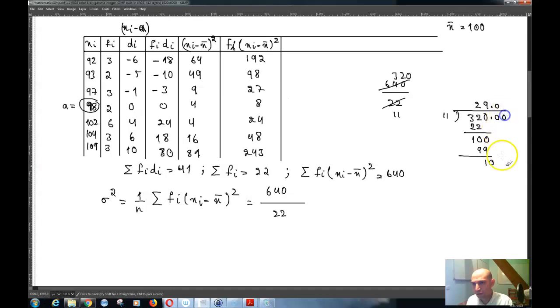Again, 9 times 11 is 99, again you would get a 1 remainder, so you get 29.09 repeating. So I take it as 29.1. 29.1 is your variance.